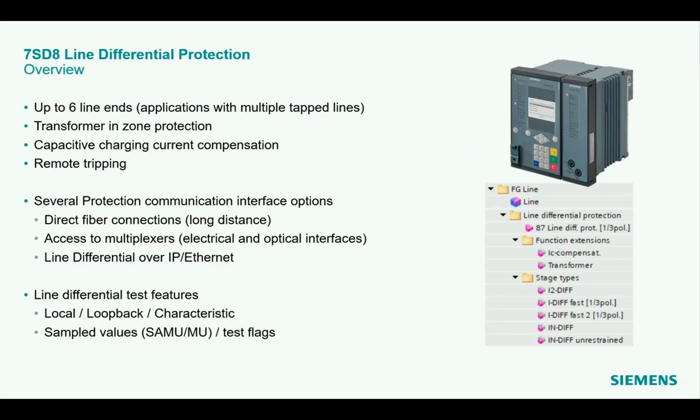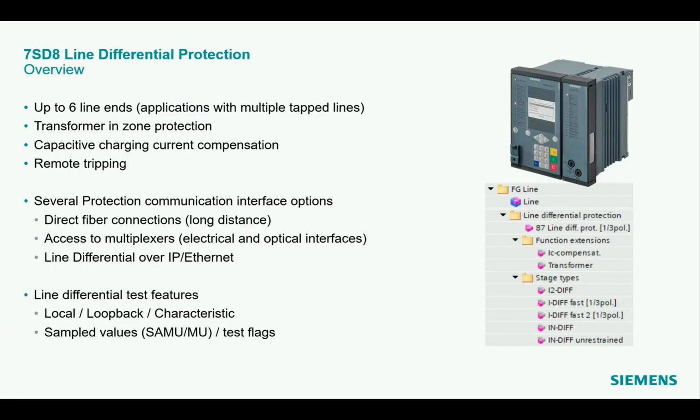Recently, we introduced a direct interface over IP Ethernet networks. If you are interested in this, I recommend the dedicated tutorial session. The line differential provides also test features where you can test local, the loopback, and also the full characteristic. For the IEC 61850 sampled values coming from a merging unit or a test set, we are able to handle the test flag according to the standard.